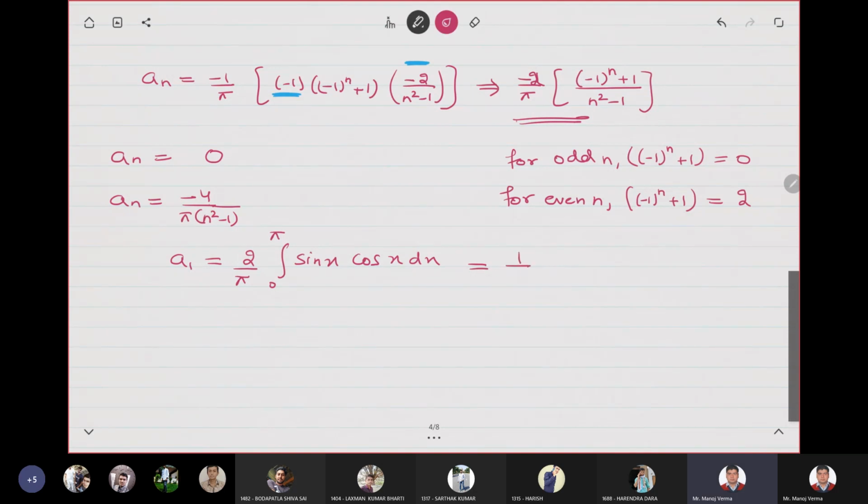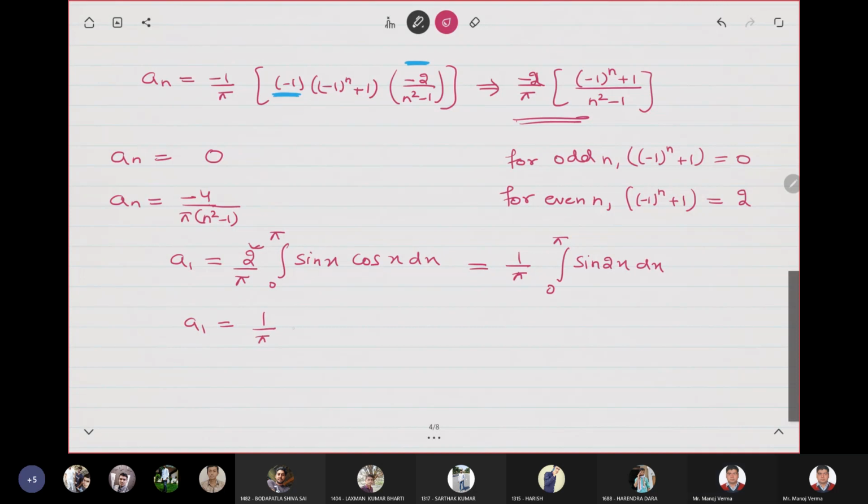It will become 1 over pi, integration 0 to pi sine of 2x. You can see sine 2x is 2 sine a cos b. So I am adjusting this 2 inside this integral, and 2 sine x cos x will become sine 2x dx. So if I integrate this, it will give me the value of a1.